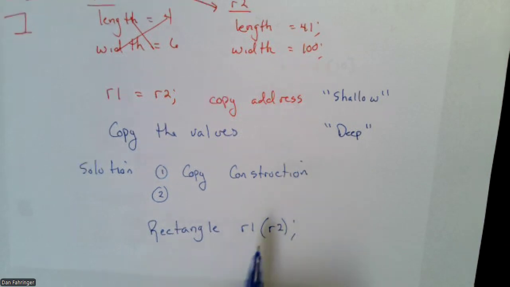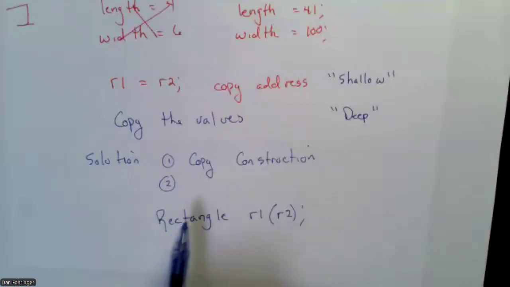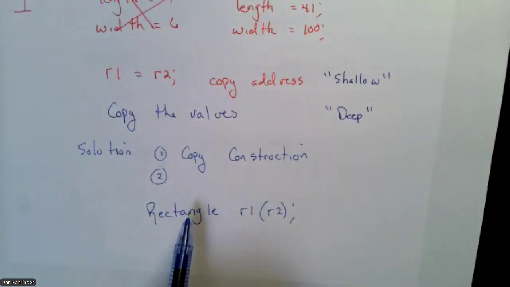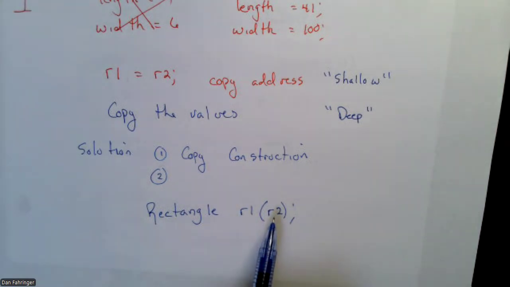Once I'm in there, I could take the values 41 and 100 and copy them to the local length and width for R1. A constructor. I'm instantiating an object called R1, and I'm sending R2 in so that its values can be copied over.